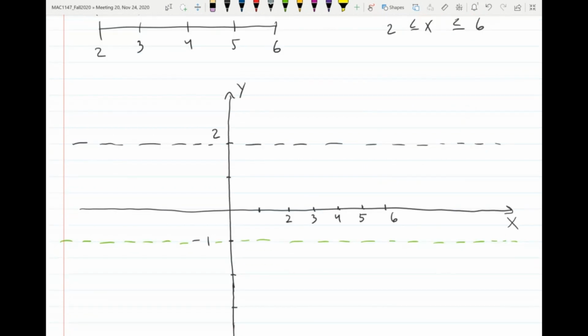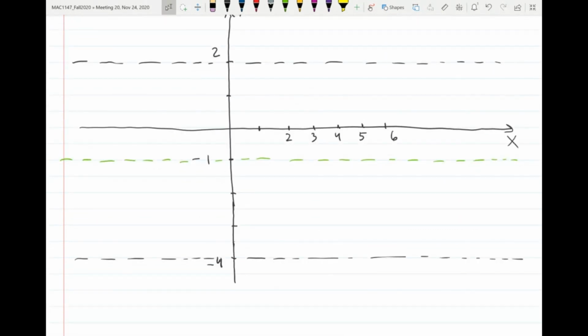Okay, so let's see. Remember, we begin at 2. So we start down here. Then we go to the middle. Then we go up. Then we go to the middle. And remember, when I say middle, I mean the midline, whatever that midline is. And then we go down, and we draw here our main cycle.